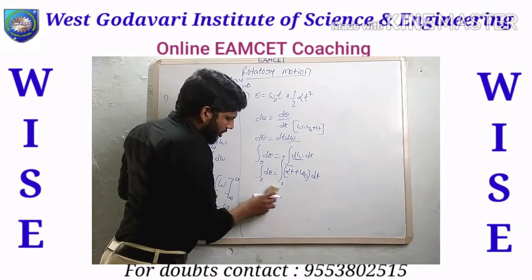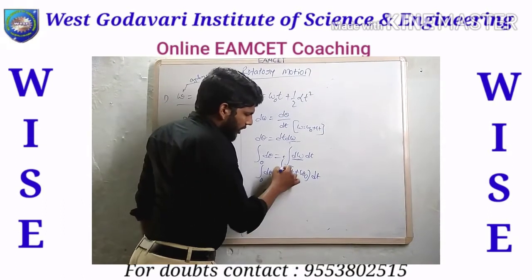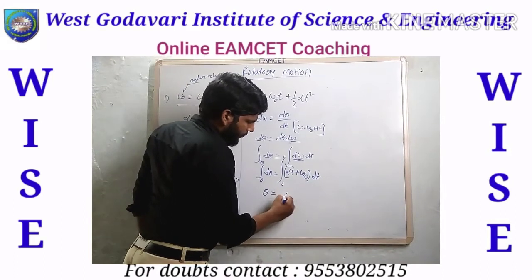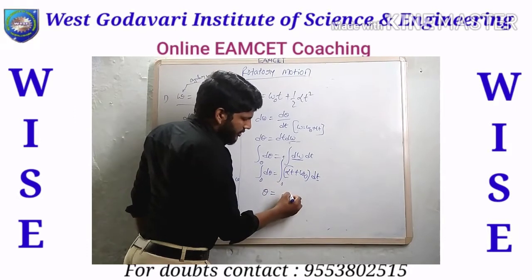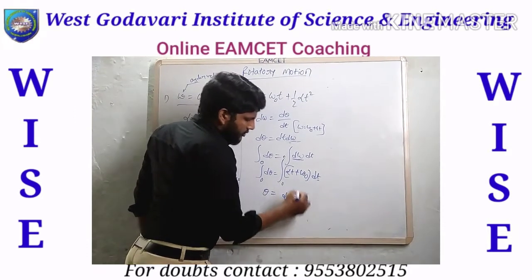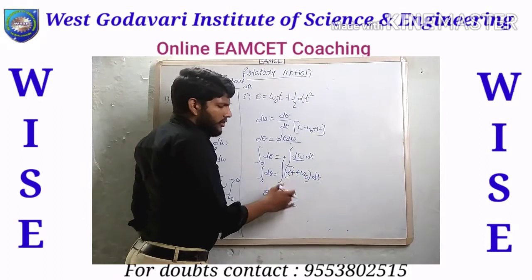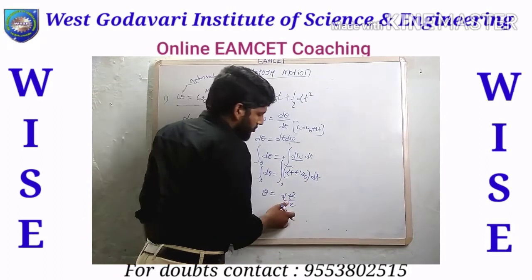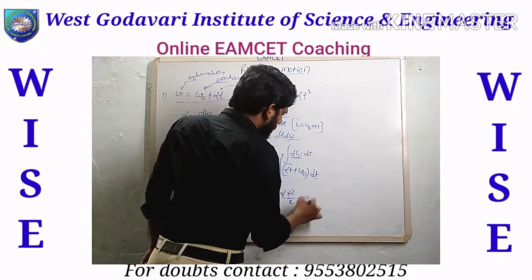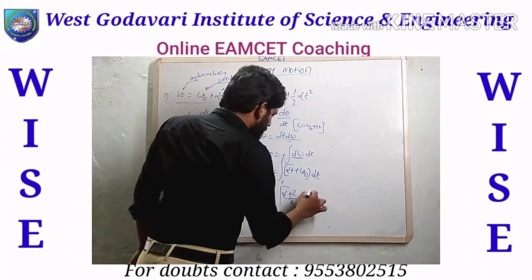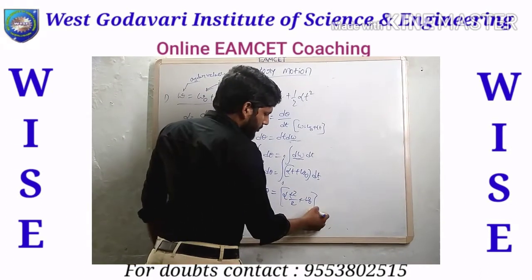Theta equals the integral of alpha t, where alpha is constant; integrating with respect to t, t square by 2, from the formula integral x dx equals x square by 2, plus omega naught, which is constant, with the limits 0 to t.